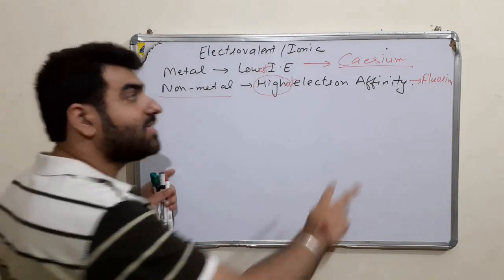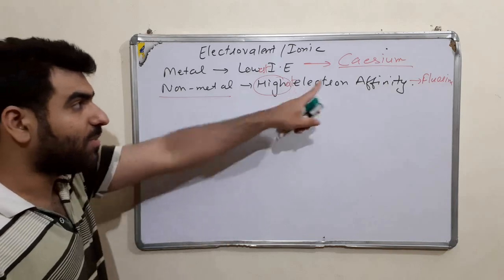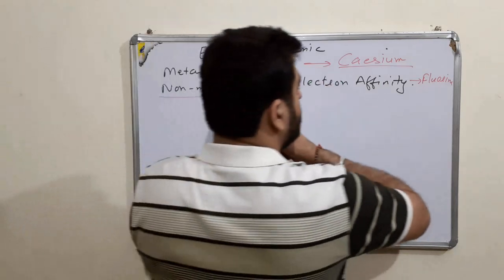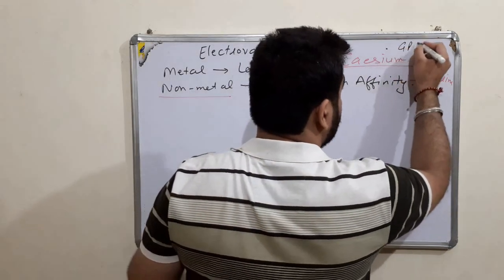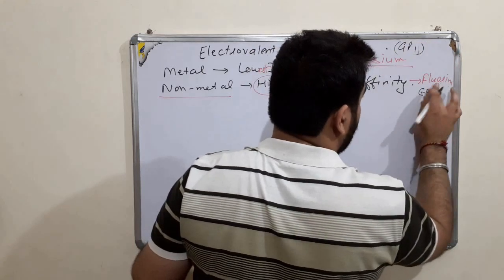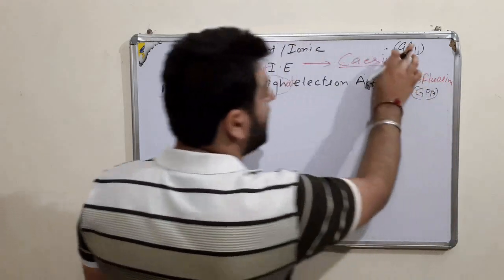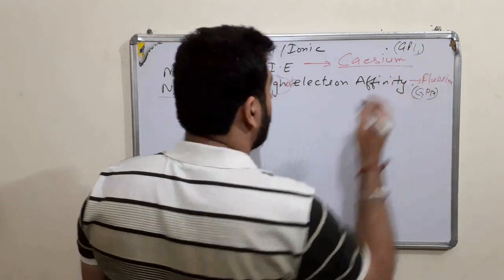It means cesium can easily lose its 1 electron. This belongs to group 1, so its valency would be 1 positive. This belongs to group 17, so this will again have valency 1 but negative.